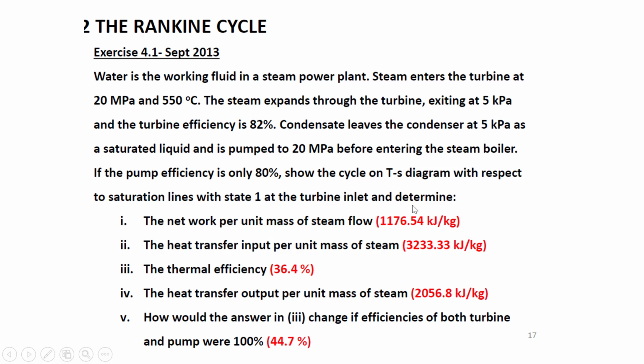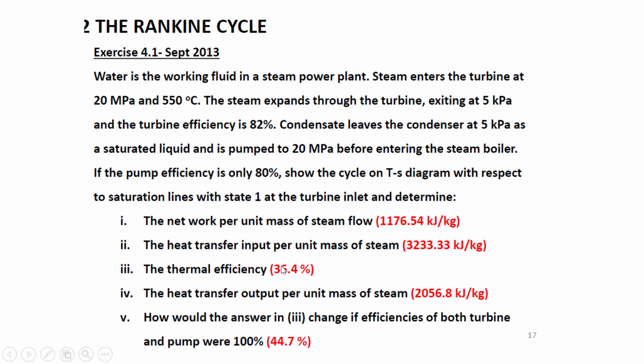Alright. Okay, dari segi turbine, yang pertama, net work per unit mass steam flow. Okay, network apa network? Network adalah work out minus work in. Okay, the heat transfer input per unit mass. Dia nak heat transfer. So, awak kena tengok balik heat transfer.